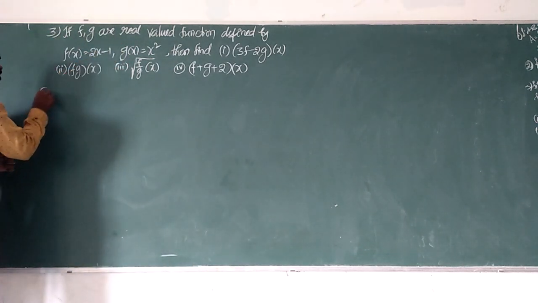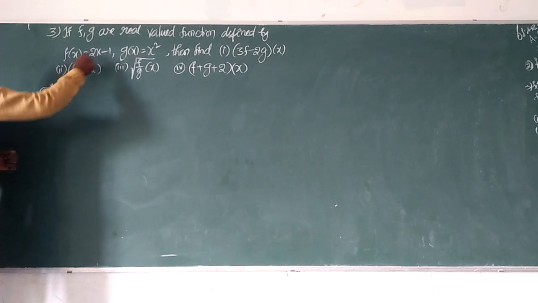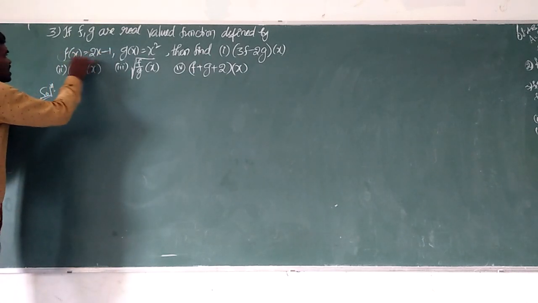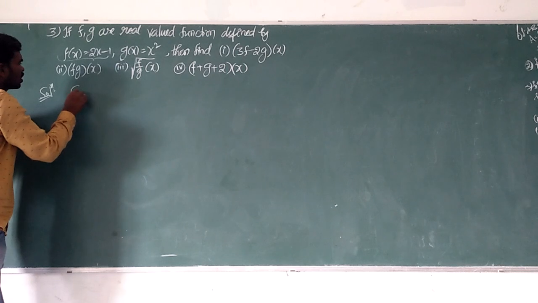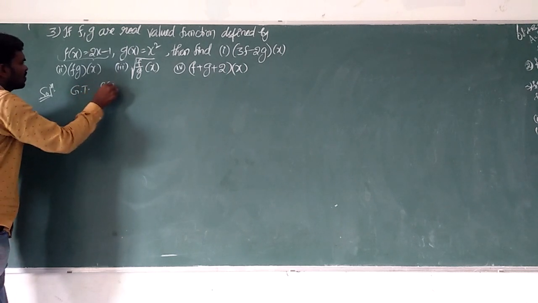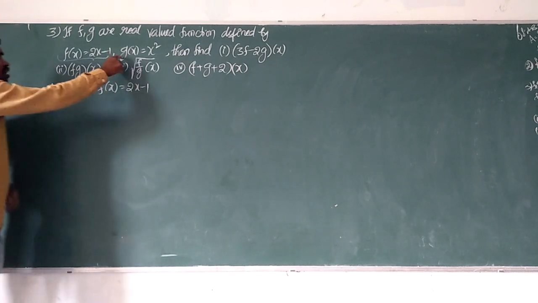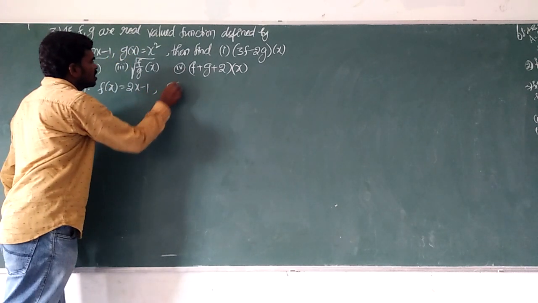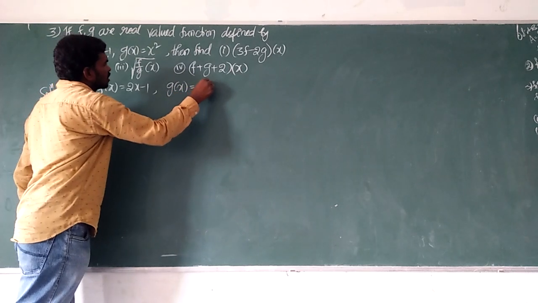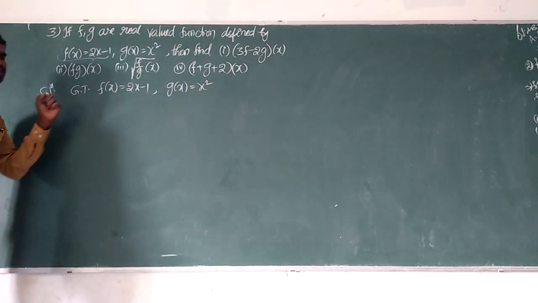Okay, solution. What are the given? F of x is 2x minus 1. So, given that f of x is equal to 2x minus 1. And what is the next one? G of x. What is given g of x? So, g of x is equal to x square. So, these are the given functions.